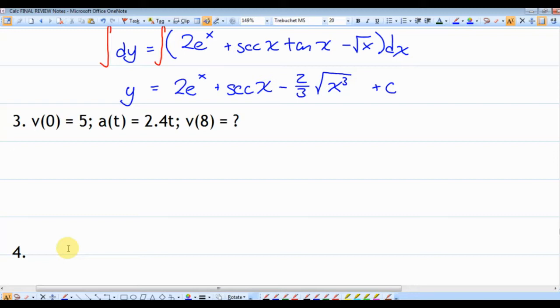Good. Oh, this is not that bad because velocity is equal to the antiderivative of acceleration of t. Right? And so this is equal to the antiderivative of 2.4t.